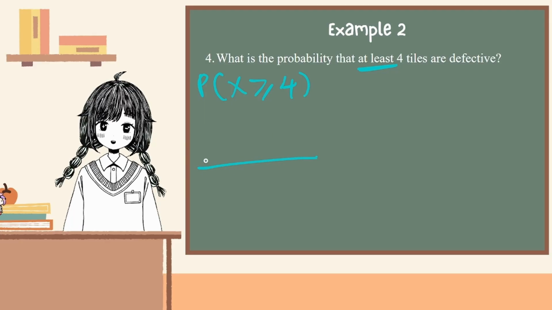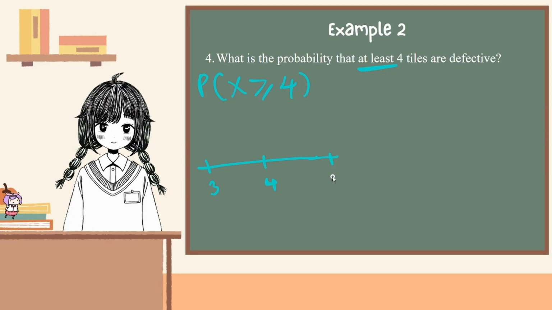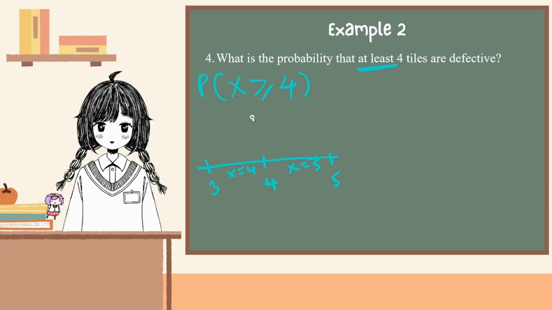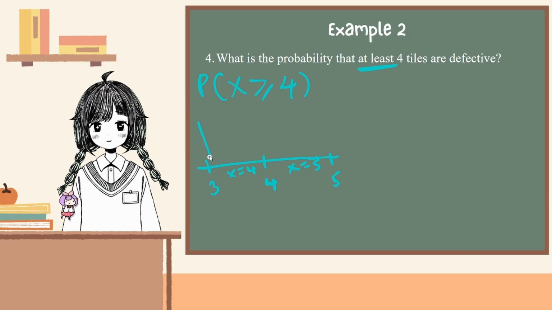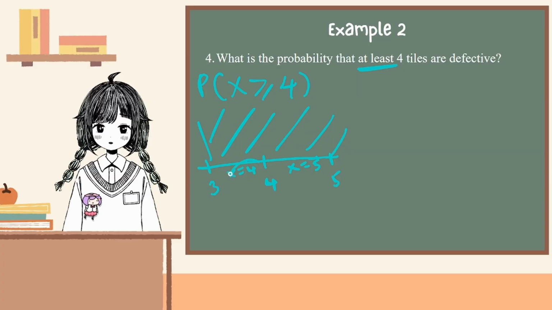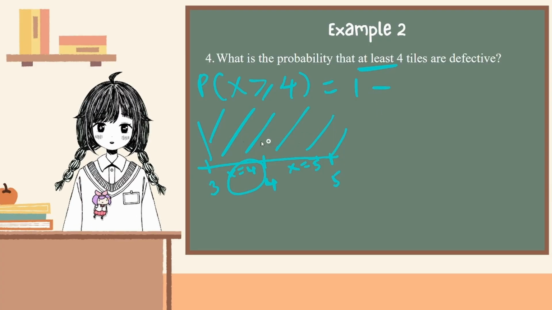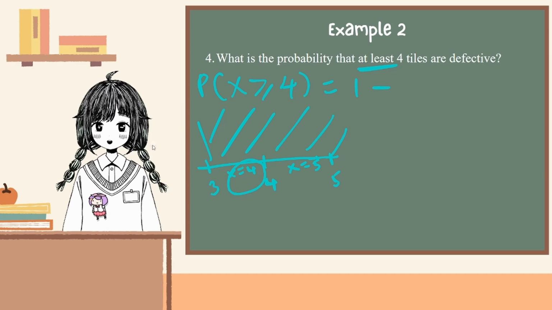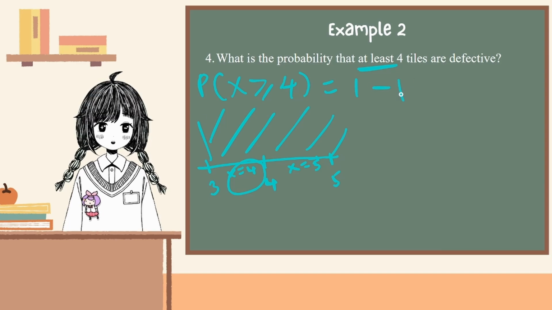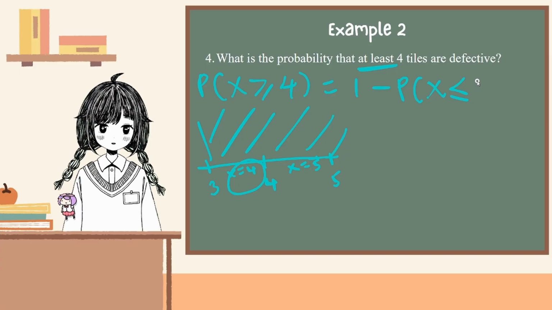So our final graph should look like this, since including 4. So 1 minus, get rid of the 3 and below, which means P(X less than or equal to 3).